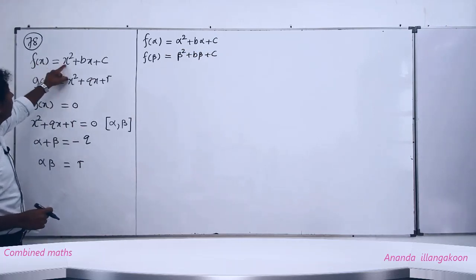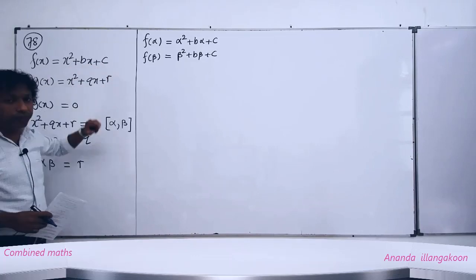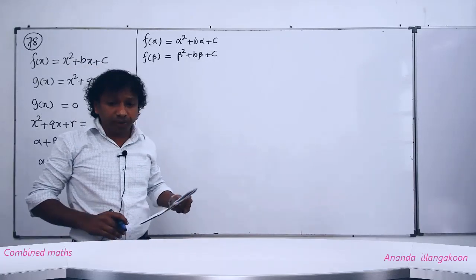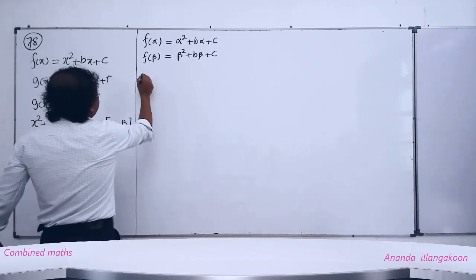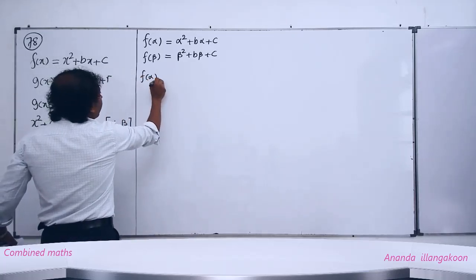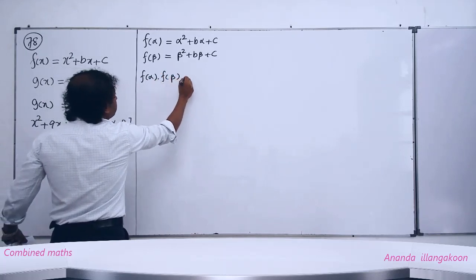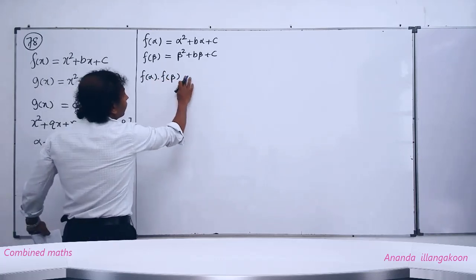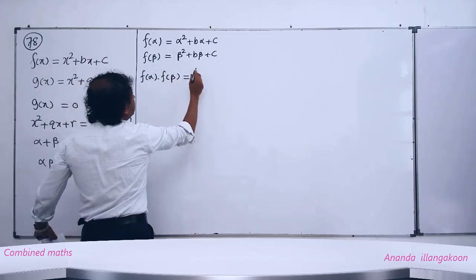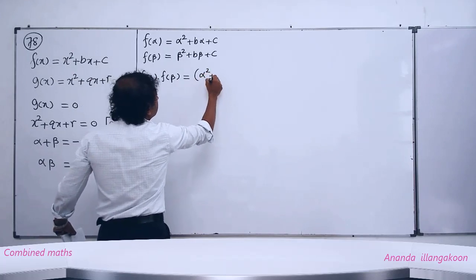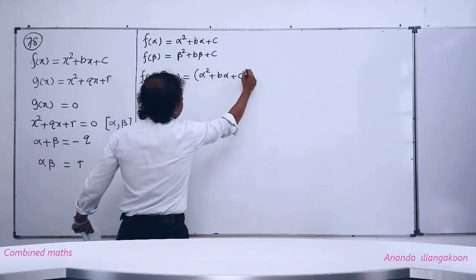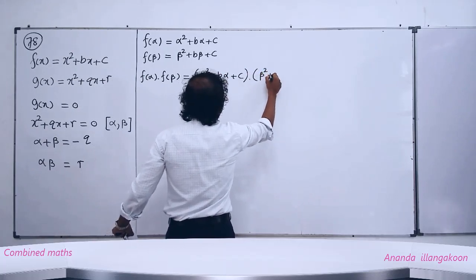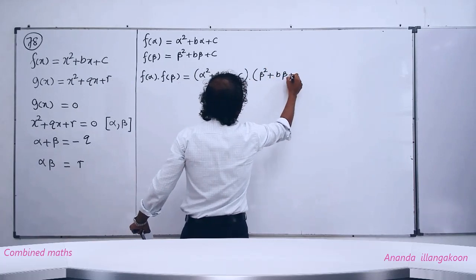Now we are asked to find the product of f(alpha) and f(beta). So we have to multiply f(alpha) and f(beta). f(alpha) is alpha squared plus b alpha plus c, times beta squared plus b beta plus c.